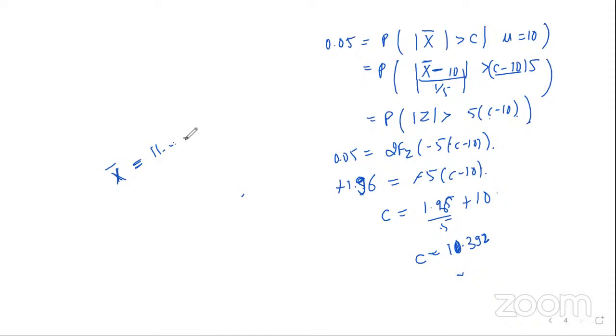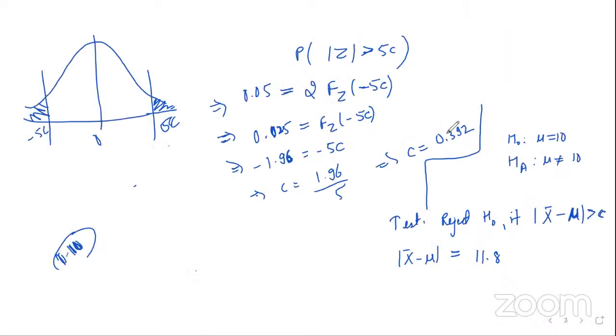So this mod of X bar comes out to be greater than C, so we are going to reject our H0. So both ways we are going to get the same answer. It's just that the critical value is going to change. In this case, the critical value is 10.392, and in the other case, the critical value had come to be 0.392.